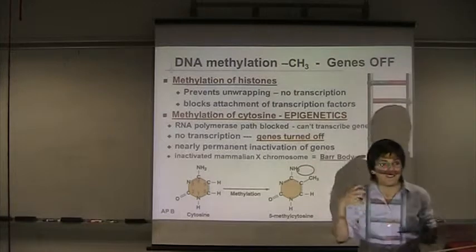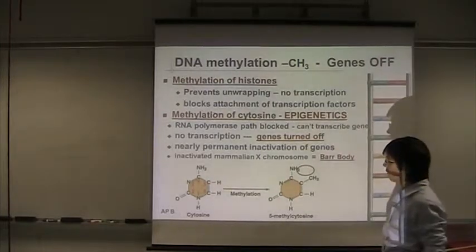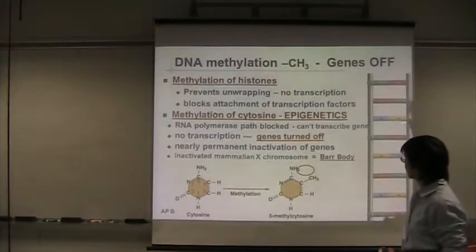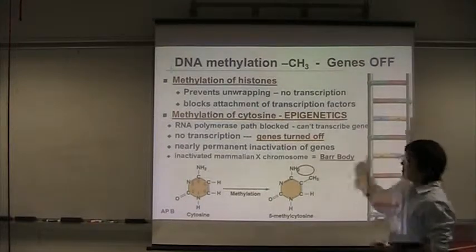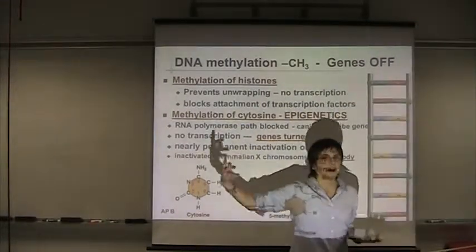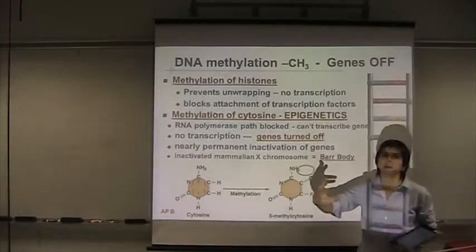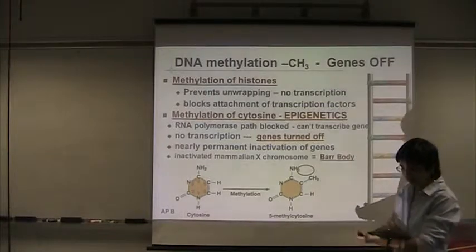So fascinating. Just Google it, you're going to find a wealth of articles about this now, and it's a great place to start research. So acetylation unravels the DNA, allows for transcription to occur. Methylation blocks particular genes, and that's the end of it.